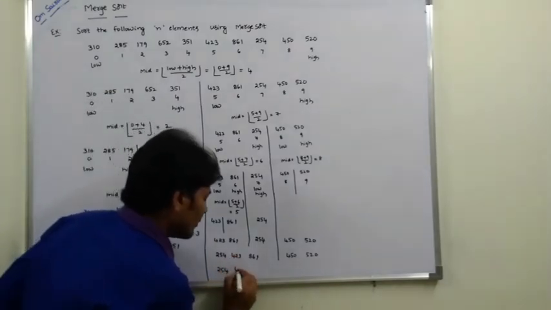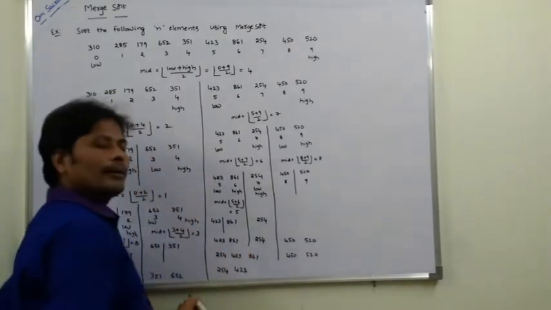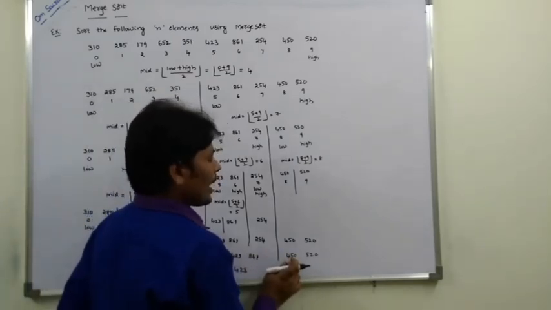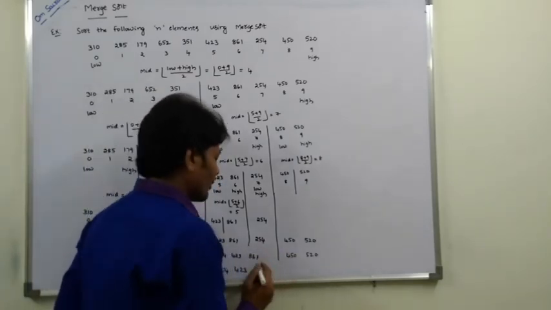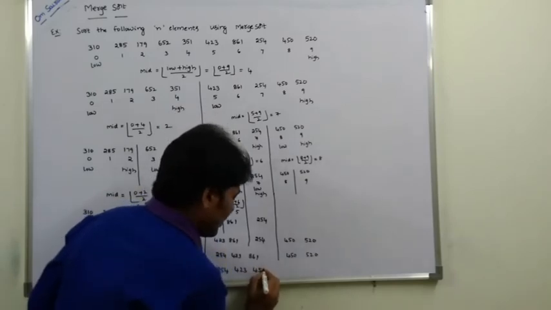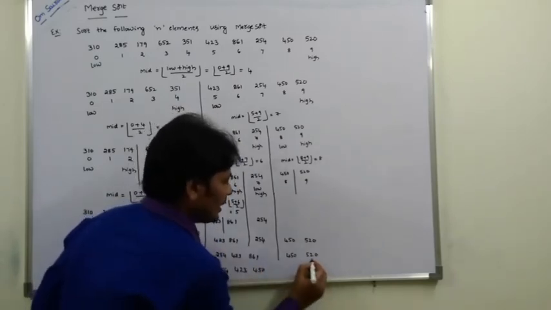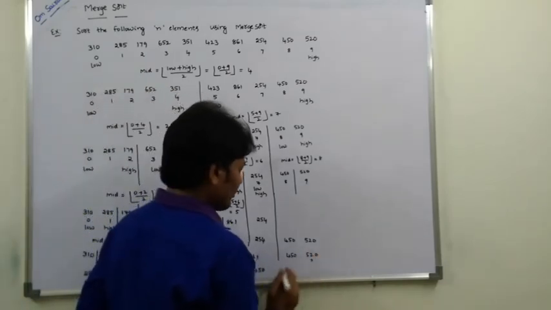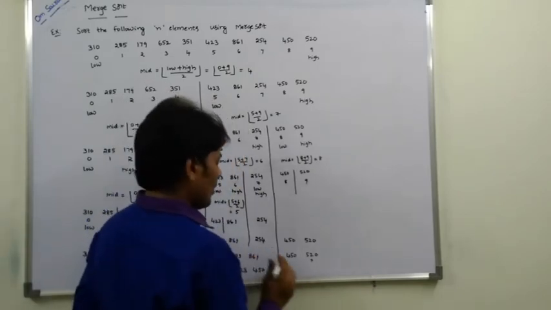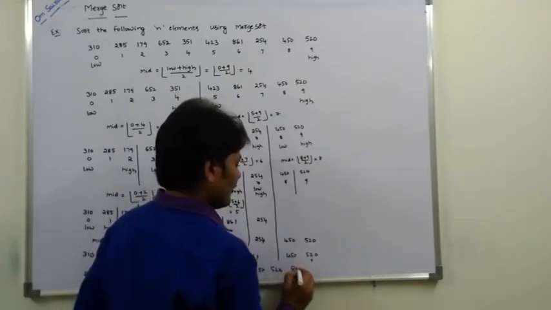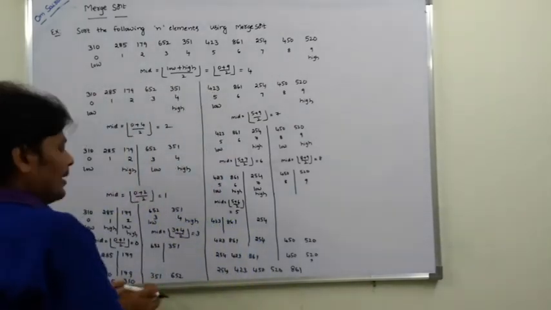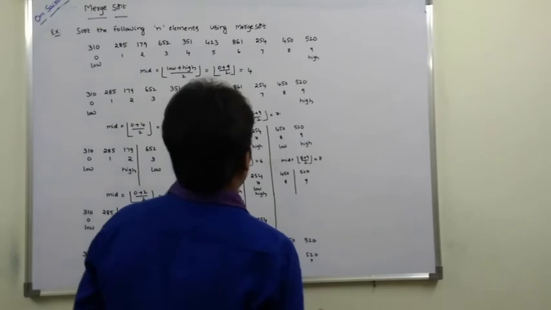So then 423 is placed in the sorted list. Next, 861 is compared with 450. So 450 is the less value, then it is incremented. Next, 861 is compared with 520. So 520 is the less value. Next, last one is 861. So this is the final sorted list.